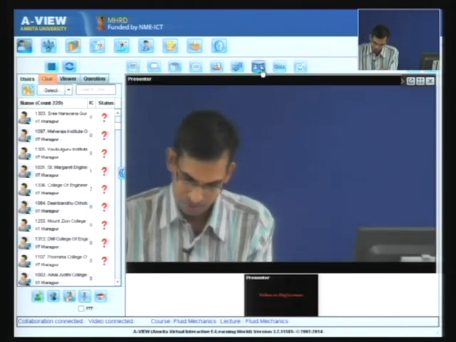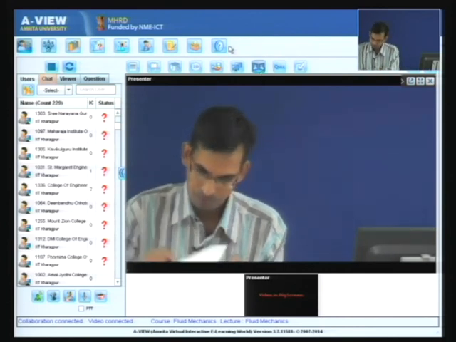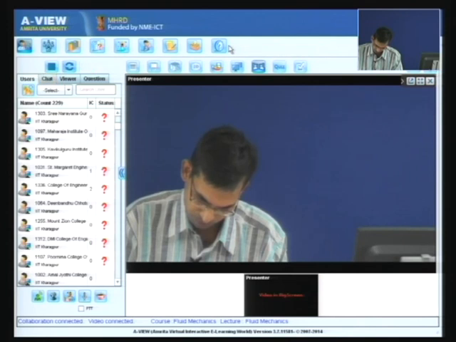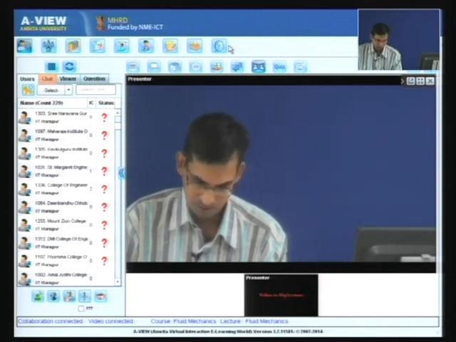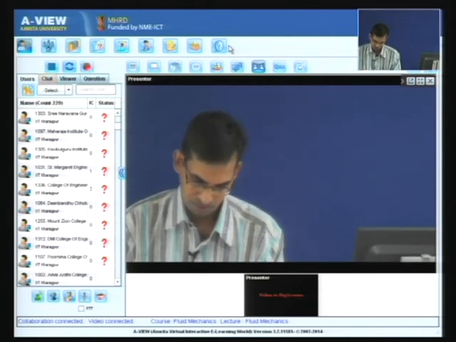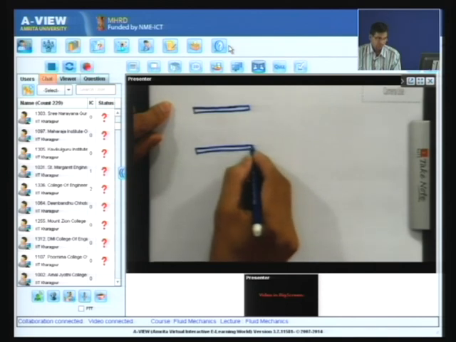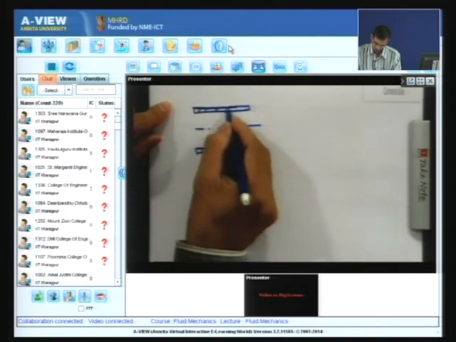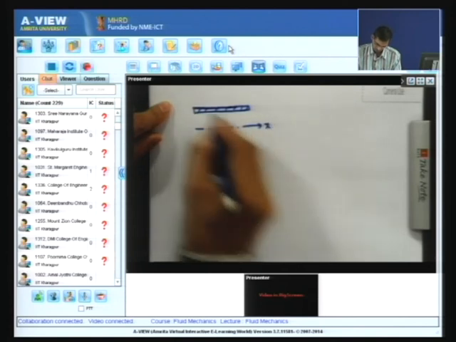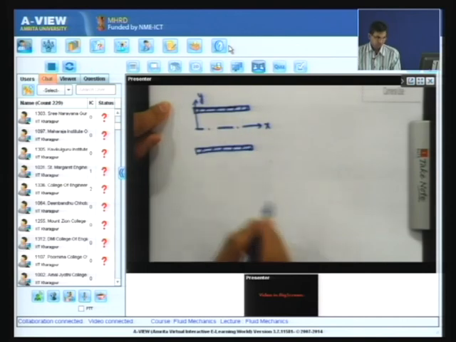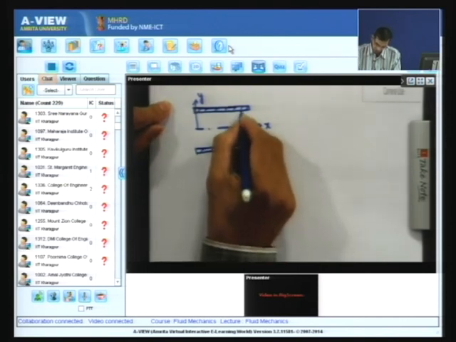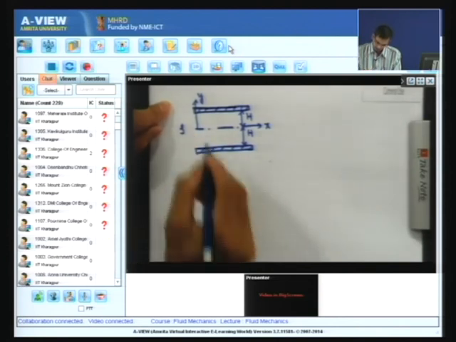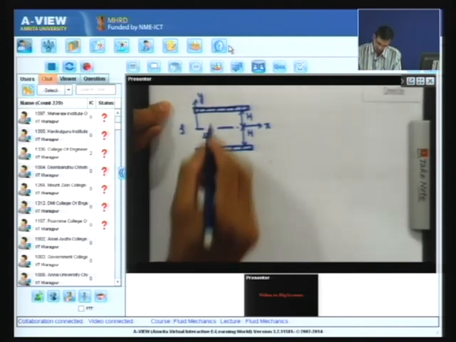So, coming to the description of the problem, there is a distance between the two plates of 2h, density is rho, the dynamic viscosity of the lower fluid is mu 1 and that of the upper fluid is mu 2.